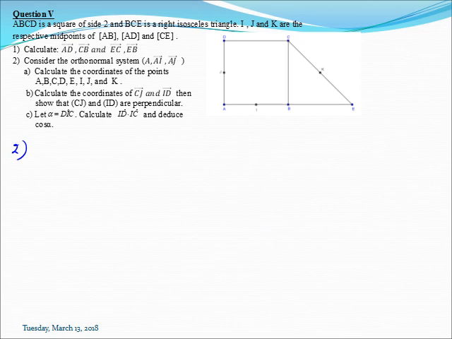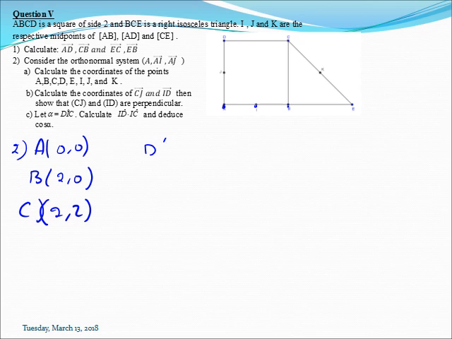2. Consider the orthonormal system (A, AI, AJ). Calculate the coordinates of the points. A is the center, (0, 0). B is (2, 0) since AI is 1. C is (2, 2).